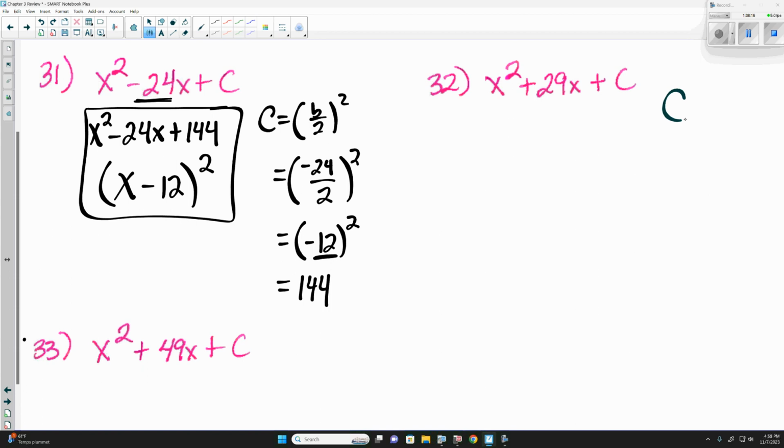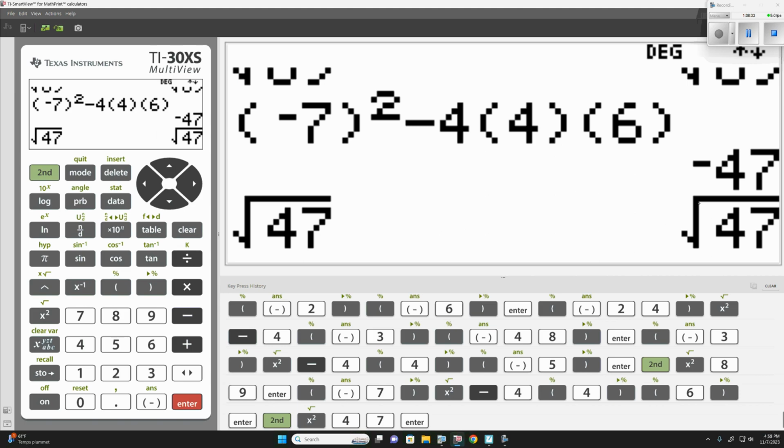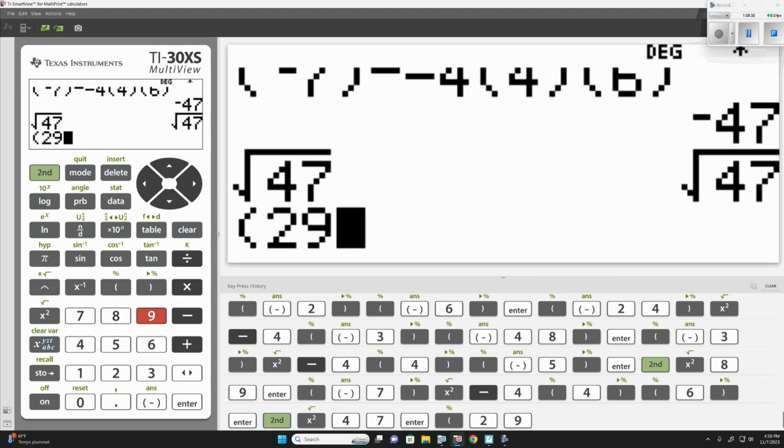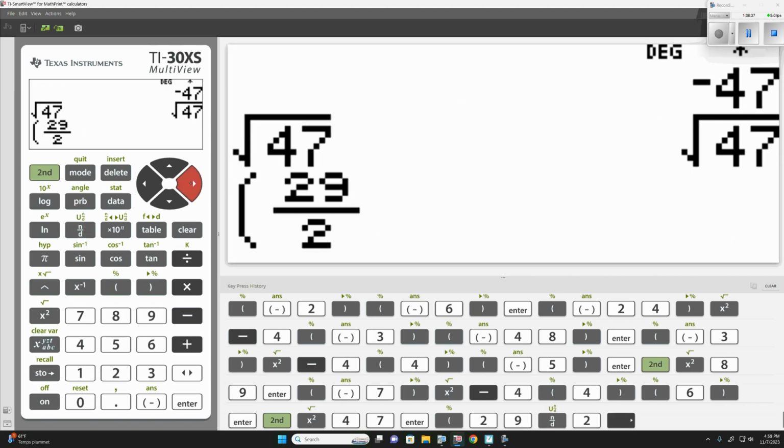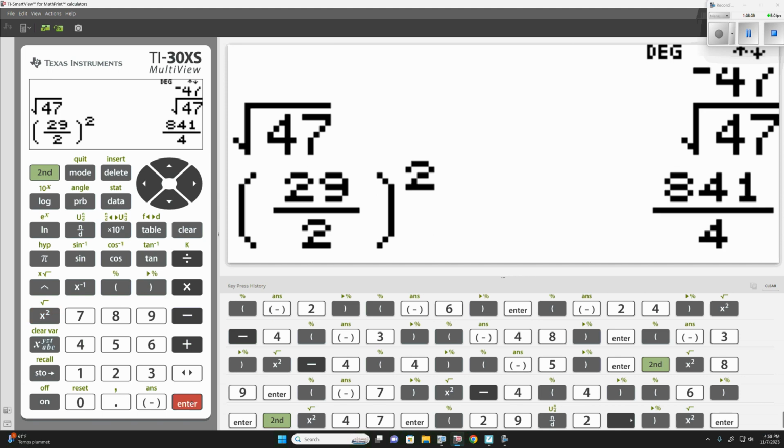32, again, finding the value of c. c is equal to b over 2 squared. And in our case, the value of b is 29, so we have 29 over 2 squared. Now, since 29 does not divide by 2 nicely, we will leave it alone. I want you all to leave it as a fraction if it doesn't reduce. And 29 over 2 squared is 841 over 4.